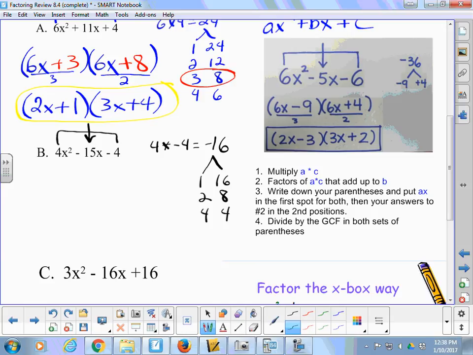Except in this case, since the 15 is negative, that means the 16 is going to be negative and the 1 is going to be positive. So I put my parentheses here. Okay. The value of a is 4, so I'm going to put 4x first. Okay. And then the plus 1 and the minus 16.